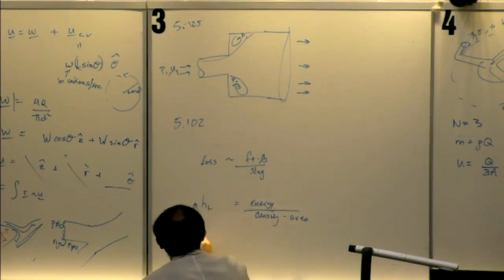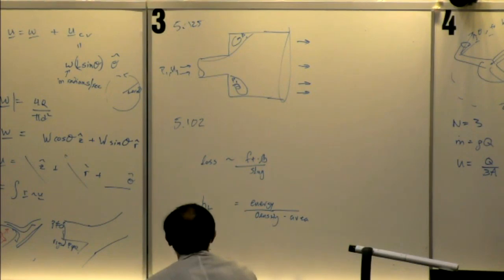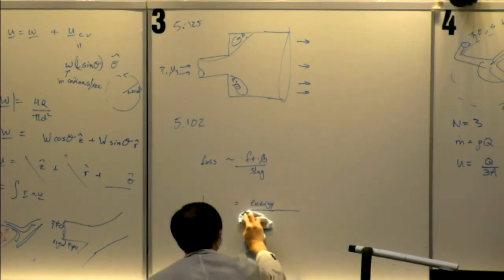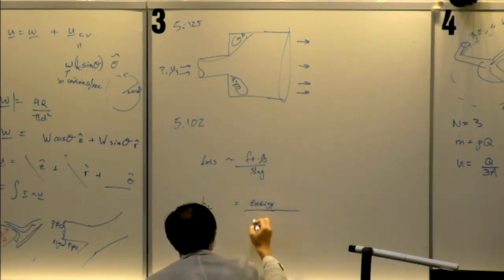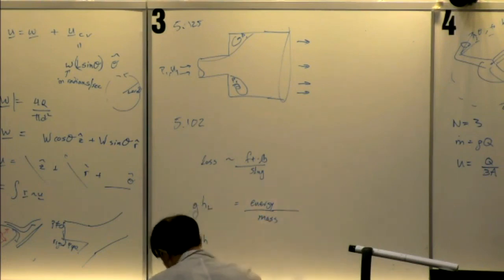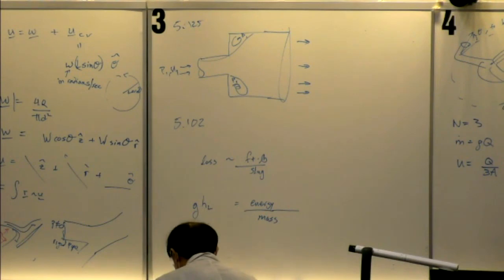Basically mgh is energy, and so this is divided by mass. Oh, it's energy per mass. That's what they're calculating. Unless they asked for units of energy per mass, I would have just given the head, the original equation.